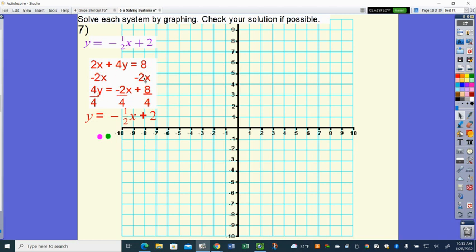They can't come together because they're not buddies. Divide by 4, divide by 4, divide by 4. The y is now alone because that's 1y. Negative 2 over 4, divide by 2, and you get negative 1 over 2x, and 8 divided by 4 is 2. And now I'm ready to graph him. But look, they're identical. So when I graph this line, it's the same line. There's 2 that are the same line, and this is called infinitely many solutions.